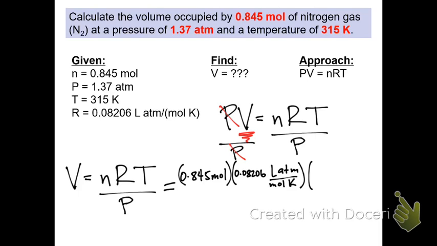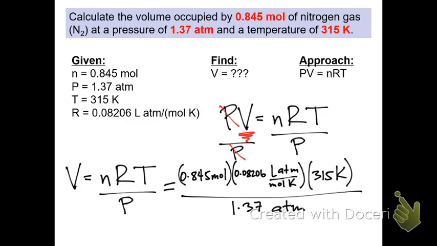Multiply this by temperature, which is 315 kelvins, and divide this whole thing by pressure, which is 1.37 atmosphere.